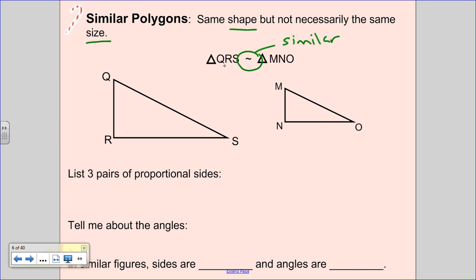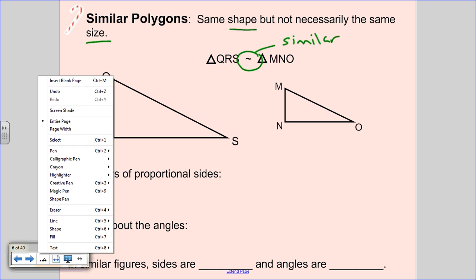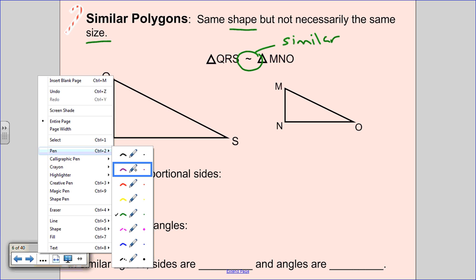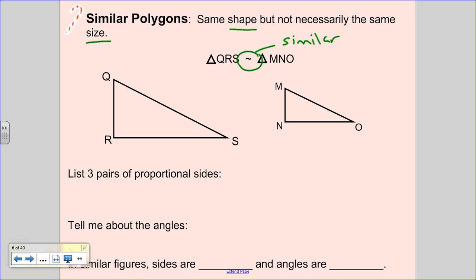In other words, since angle Q is first on that triangle, it corresponds to angle M on that triangle. So angle Q and angle M.